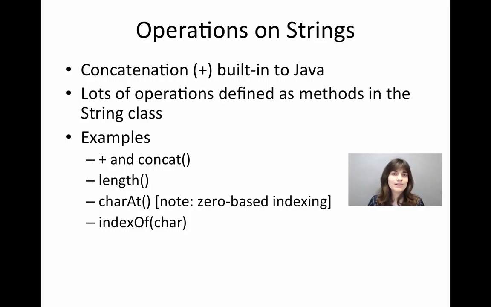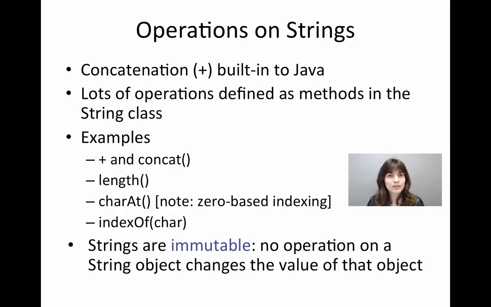So T will have index 0, W will have index 1, O will have index 2. This is very odd, especially for beginner programmers, but it is something that you will get very used to. It is just important to observe and pay attention to it from the very beginning.